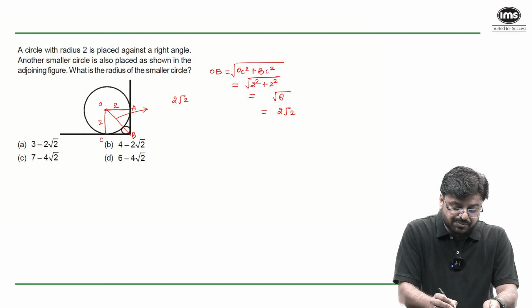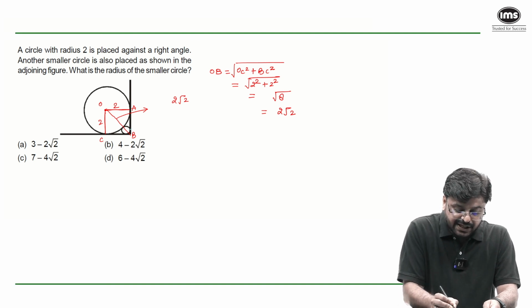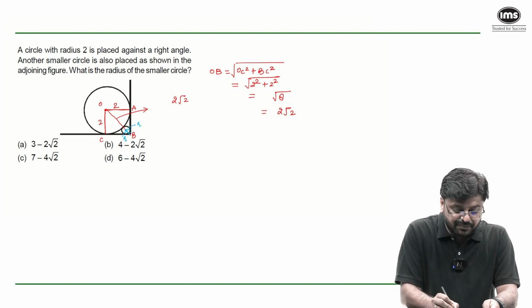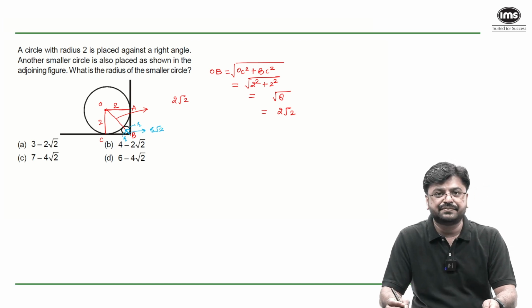Now, for the smaller circle, let's take the radius as r. Now, if I take the center as O dash, so this will be r, this is radius r, and again this will be a square of r by r, and the diagonal will be r root 2, again using the Pythagoras.